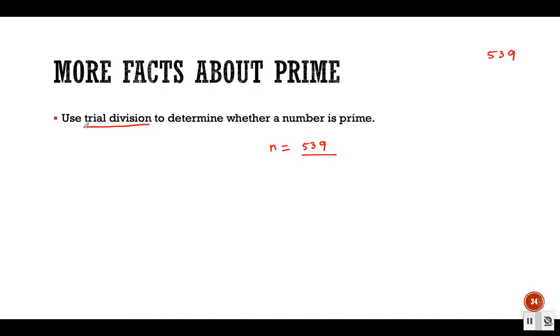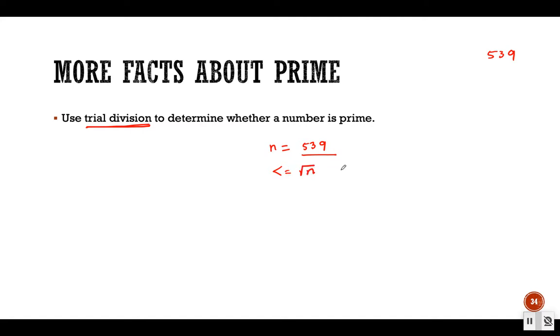So here we can use the trial division approach. The trial division says that for any number n, if it is composite it will have a prime divisor which is less than or equal to the square root of n.